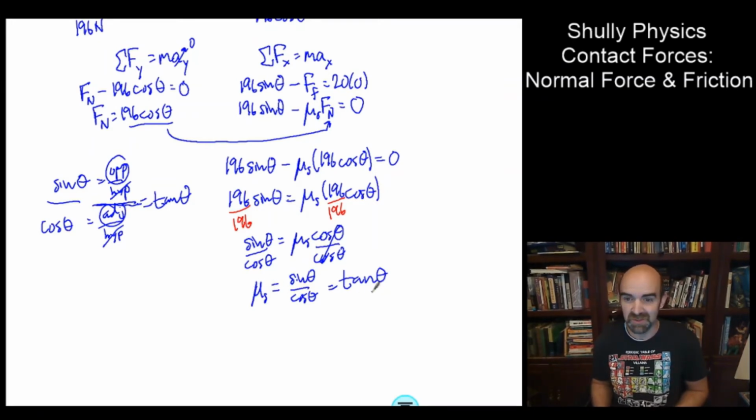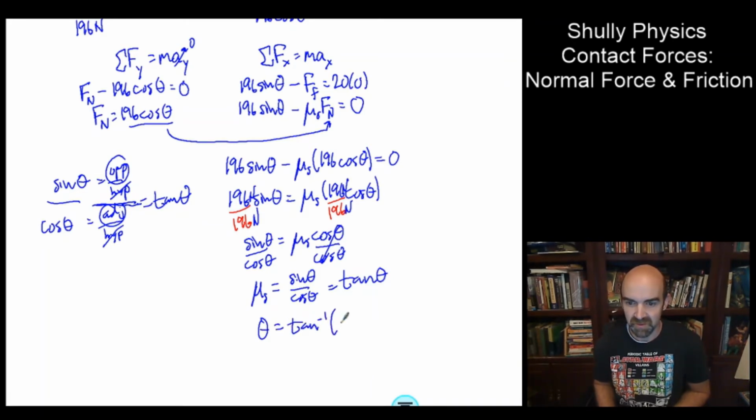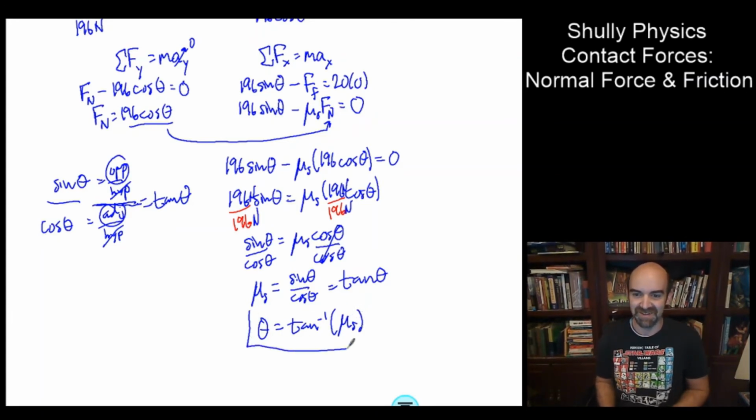A coefficient equals a number. Hey, that's possible. Right here, the newtons canceled out with the newtons. No more newtons left. And we get the little fact here that the angle would be the inverse tangent of the coefficient of static friction. Woot! Let's just plug it in.